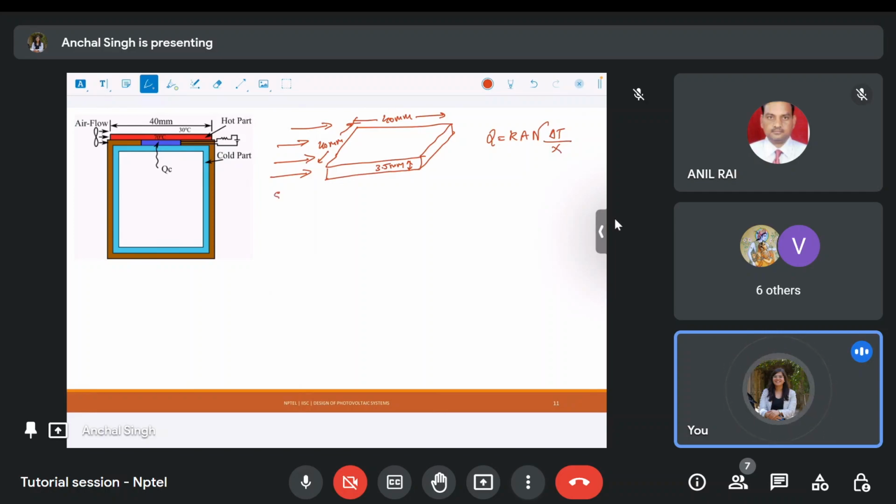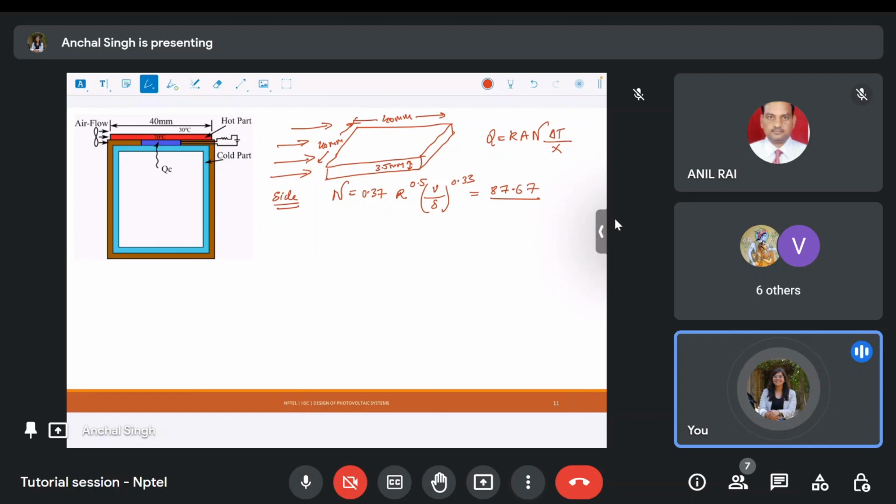For the side, the Nusselt number is equal to 0.37 into Reynolds number to the power 0.5 into nu by delta to the power 0.33. Now we know all these values, and from that you can obtain the Nusselt number as 87.67.